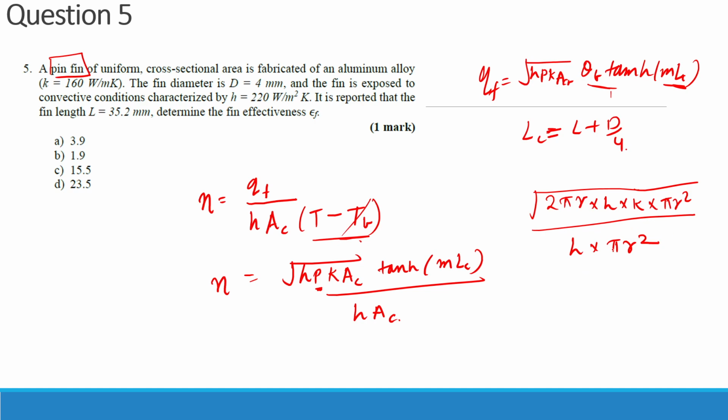So this term will become 2 pi r cube into h into k. You can just take this inside the brackets, which will become h square pi square into r square. I hope I'm doing this correct. So now you can just cancel each of those terms.